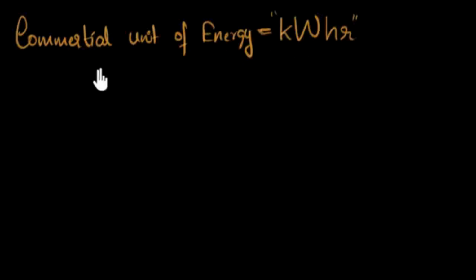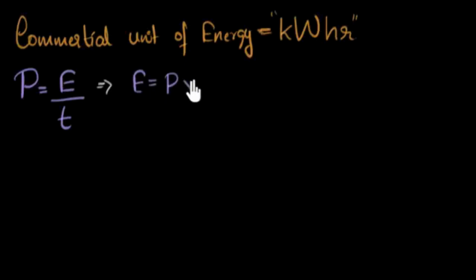So let's quickly recall the connection between power, energy, and time. We have seen in previous videos that electric power consumed by any device is usually written as the amount of energy that it consumes per time, right? Since we want to know what energy is, because we are looking at the unit of energy, we can now write energy is power multiplied by time.